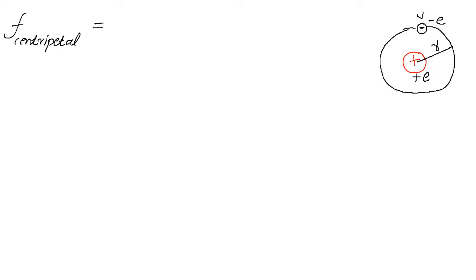Its charge is negative, and this v stands for the velocity. Okay, fine. So there will be some electrostatic force of attraction between the negatively charged electron and the positively charged nucleus. So I can write the centripetal force is nothing but the electrostatic force, F electrostatic.